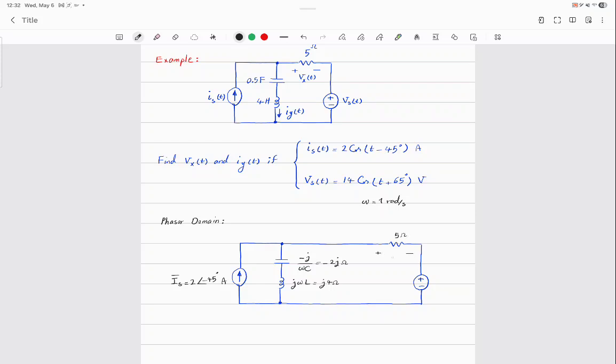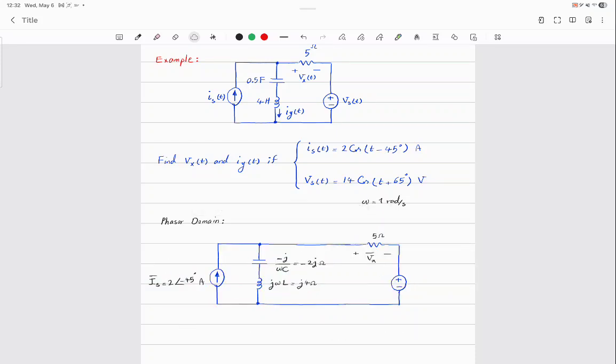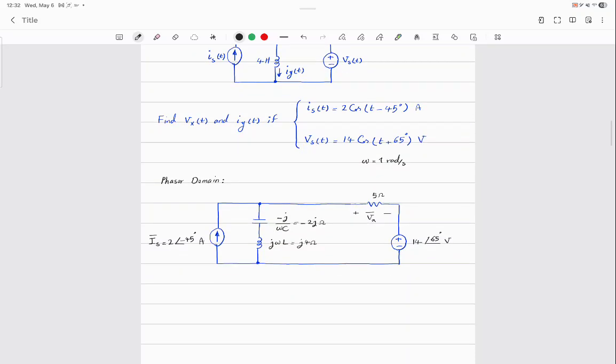I'm going to write the label here at Vx bar, which is your phasor. And what is Vs? 14 angle 65 degrees volts. Okay? I changed everything into phasor form.